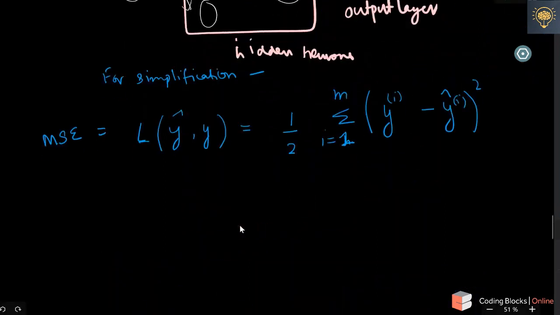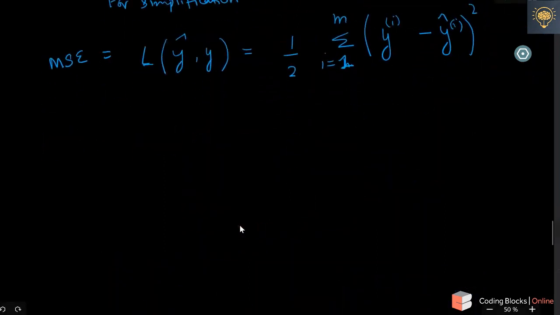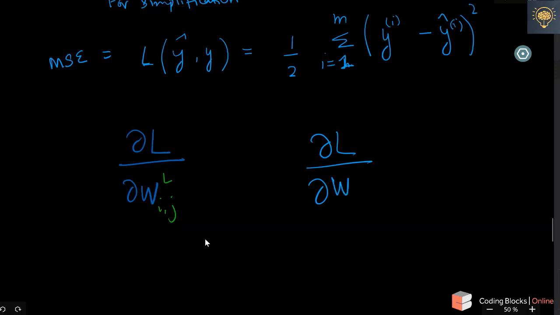So you need to compute two types of things. One is delta L with respect to delta W in the last layer, i j. And you also need to compute delta L with respect to delta W in the hidden layers, i j.